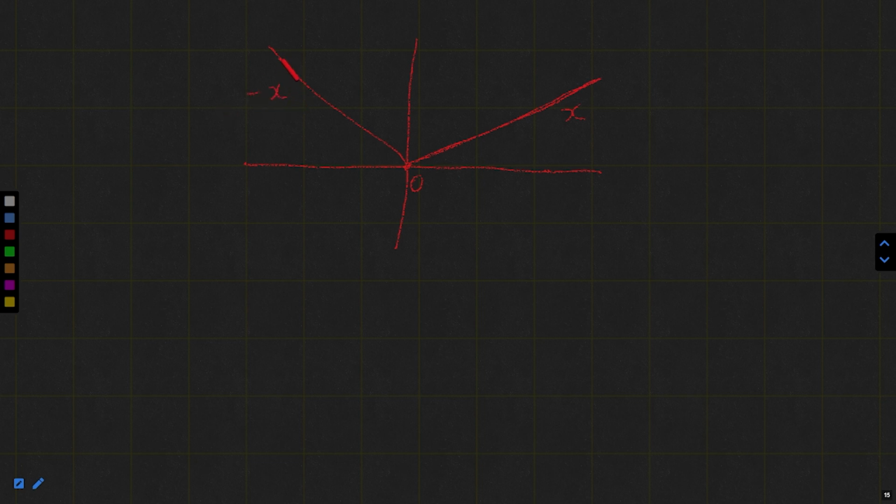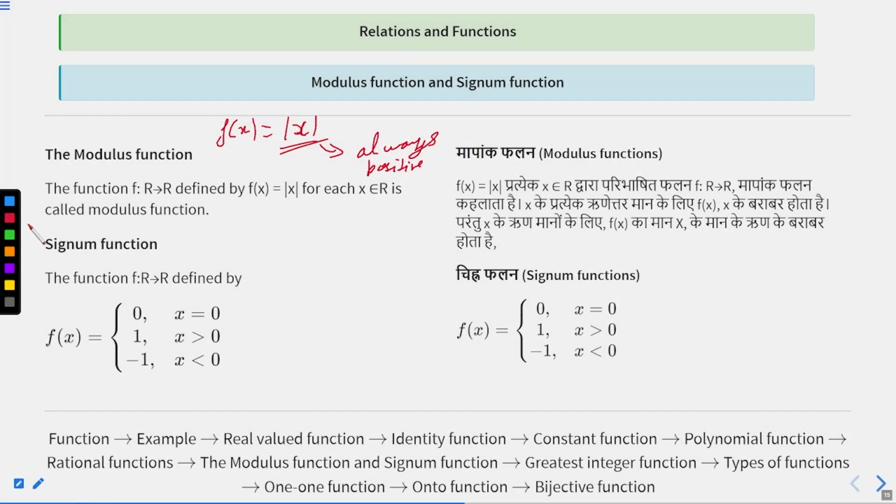The equation for this line is minus x and the equation for this line is plus x. Okay, and this graph is symmetric about the y axis. So this is my modulus x graph. Okay, I hope that it is clear to you.